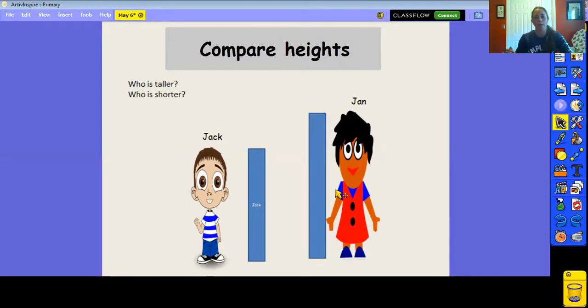Was your bed taller than your couch or shorter than your couch? Was your couch taller than your bed or shorter than your bed? And think about your favorite toy and your foot. Is your foot longer than your favorite toy? Is your toy longer or shorter than your foot? You can compare things using those words taller and shorter and longer and shorter.